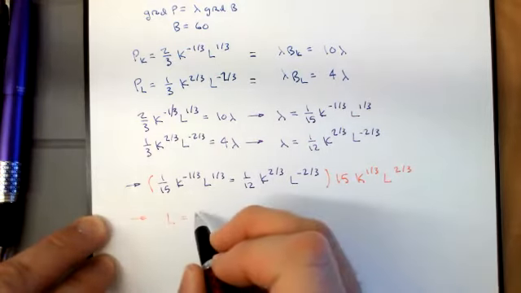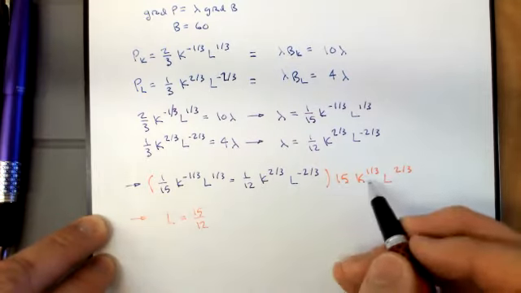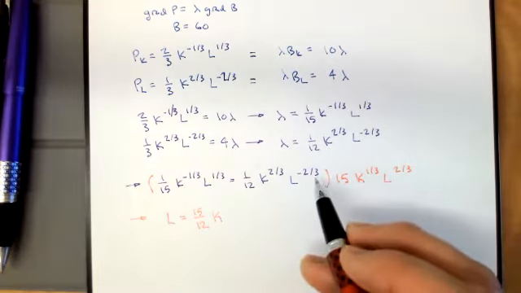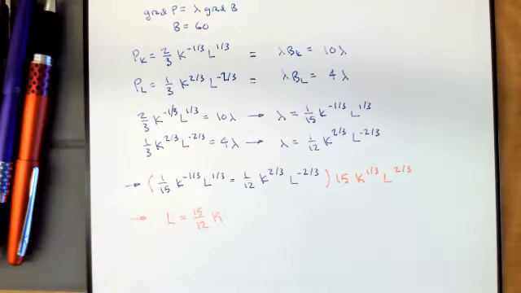1/12 times 15 is 15/12. K to the 2/3 times K to the 1/3 is K to the 1. And L to the negative 2/3 times L to the 2/3 is 1. So L is just 15/12 K. This happens all the time in this problem.